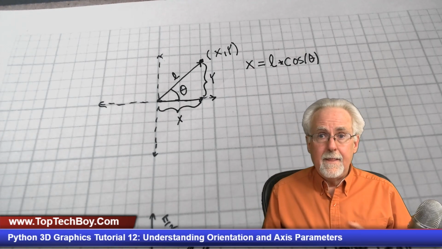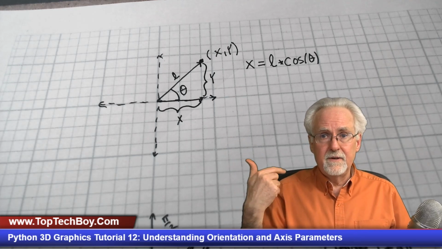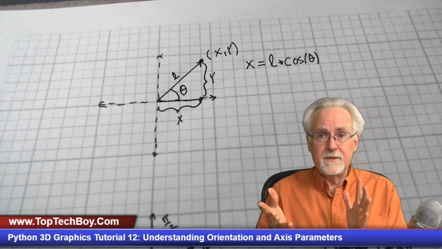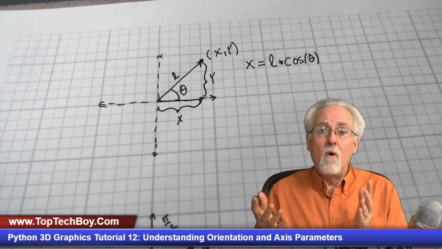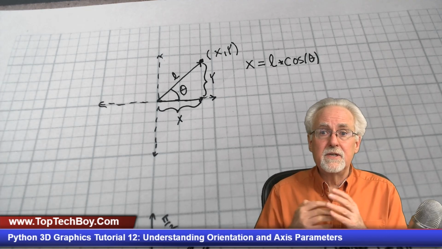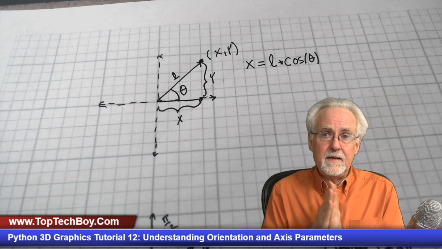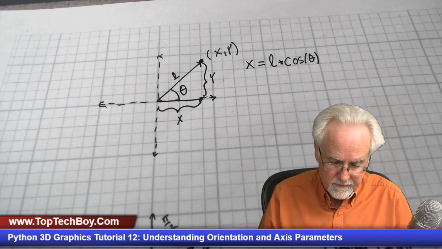All right. If you've never heard of cosine before, if you've got a scientific calculator, it's got the cosine button on it, or you can go to a website and you can look up the cosine of an angle, or in VPython, since we're using NumPy, it will calculate the cosine of an angle.